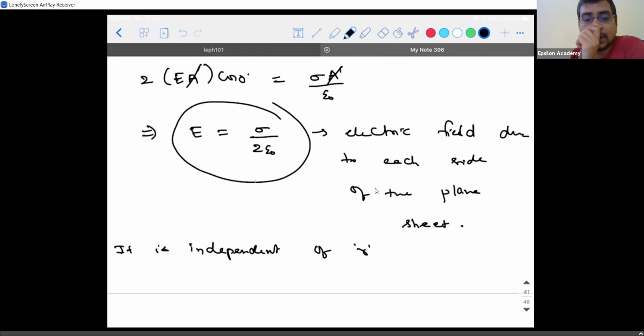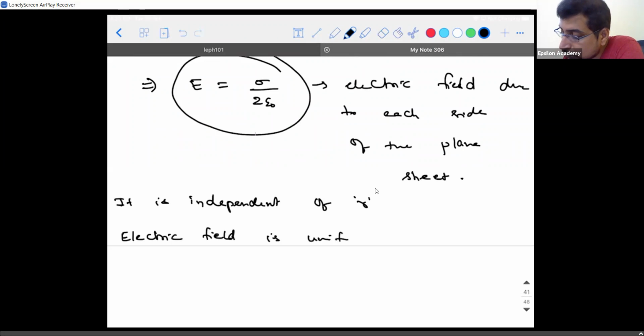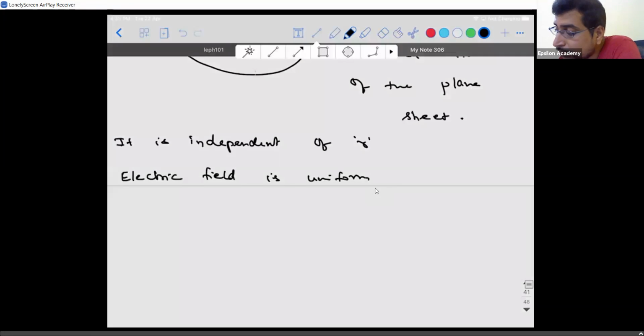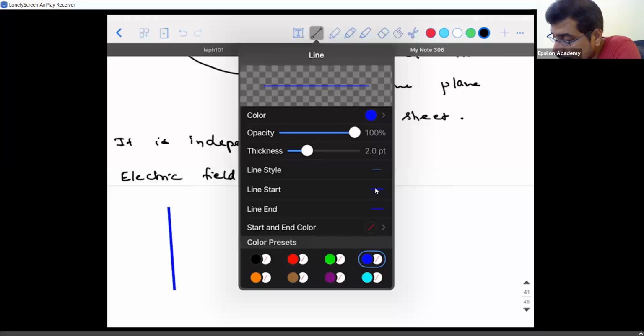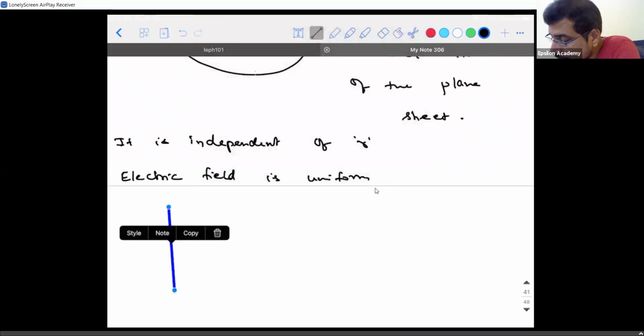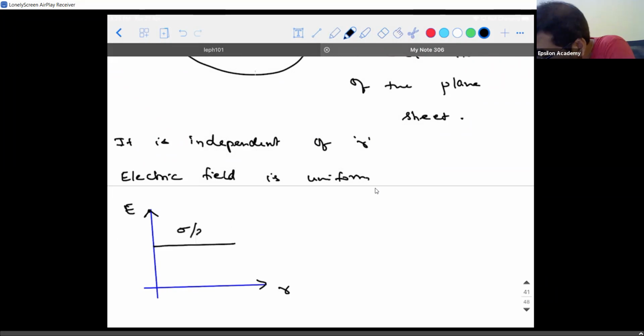So it is independent of R. Means the electric field is uniform. From this, what I can conclude is, if I draw a graph like this, then electric field as a function of R will be a constant value, and its value is given by sigma divided by 2 epsilon naught. Are you able to understand this point? So it is sigma divided by 2 epsilon naught.